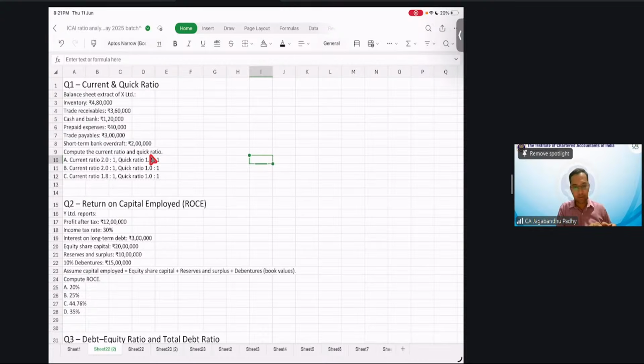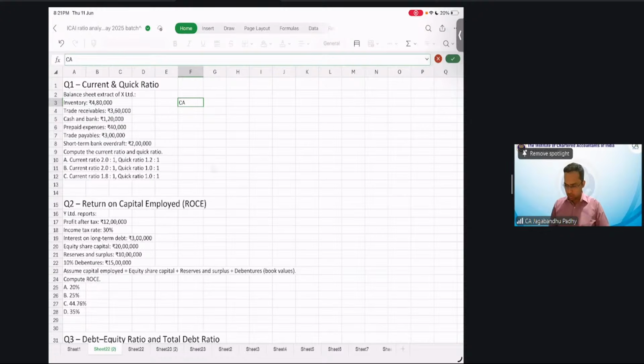Okay, the first one answer. First one is, balance sheet extracts are given, which comprise inventory, trade receivables, cash and bank, prepaid expenses, trade payables, and short-term bank overdraft, and we have to compute the current ratio and quick ratio. Which is the accurate one? Current ratio. We'll first take current assets.